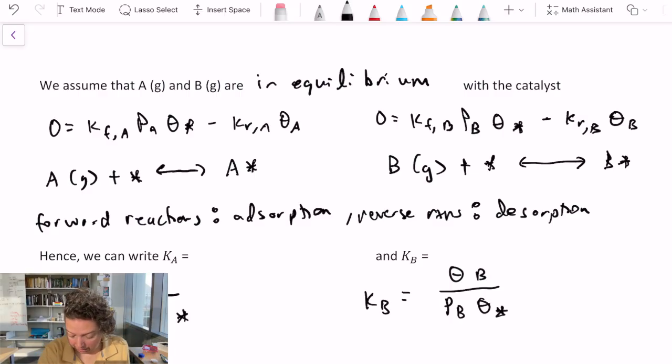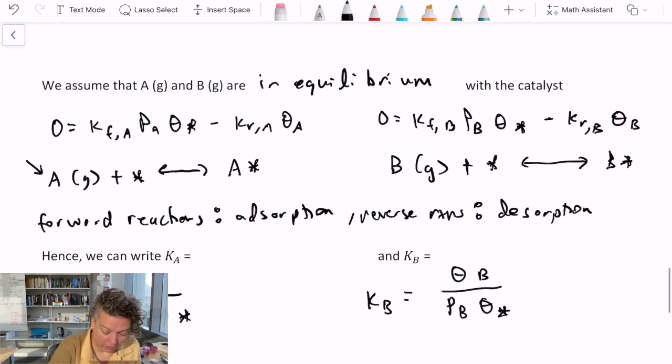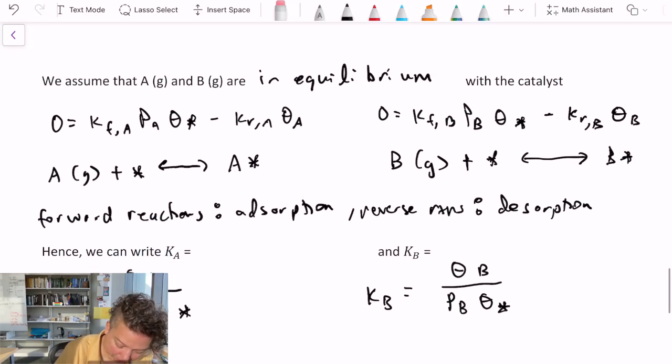And I get that by basically simplifying these rate equations, or simply by the definition of an equilibrium constant. If this is my reaction, then I know that my equilibrium constant is going to be the concentration of A star divided by the pressure of A gas times the concentration of theta star, which is exactly what I've written here.